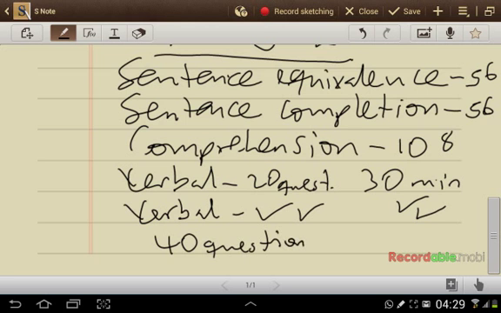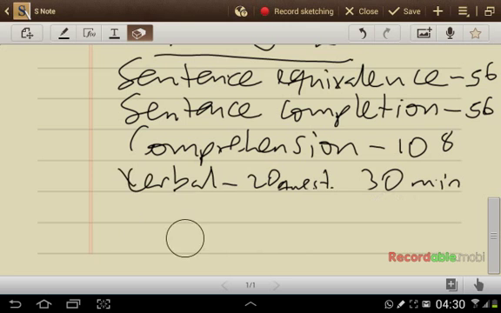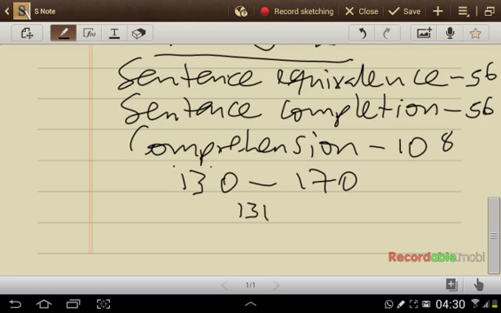questions and 40 points. Now these 40 points are scaled between 130 and 170. So it means that if you get just 1 out of 40, your score for the verbal is 131.